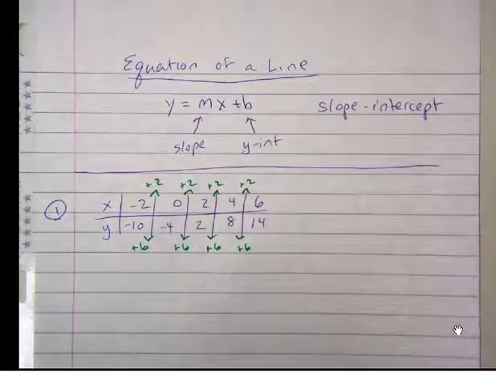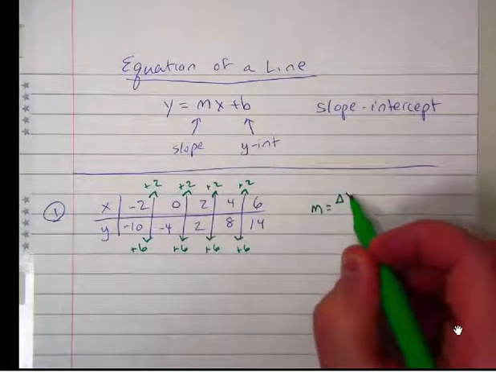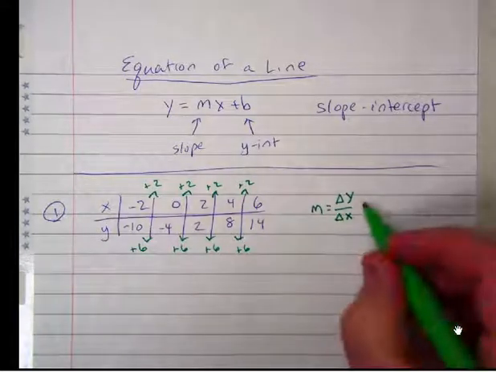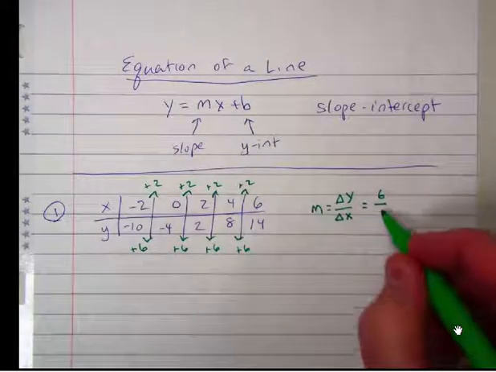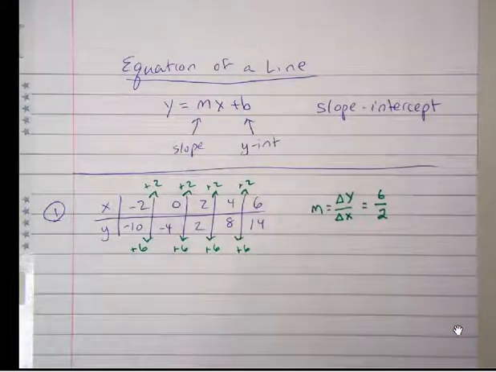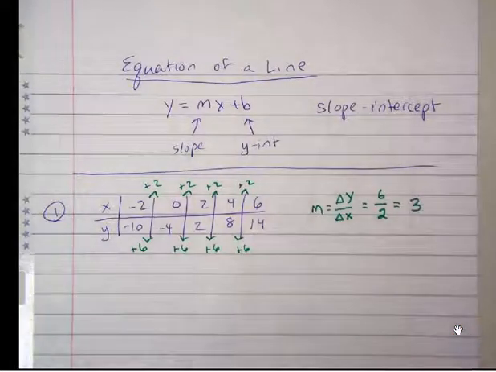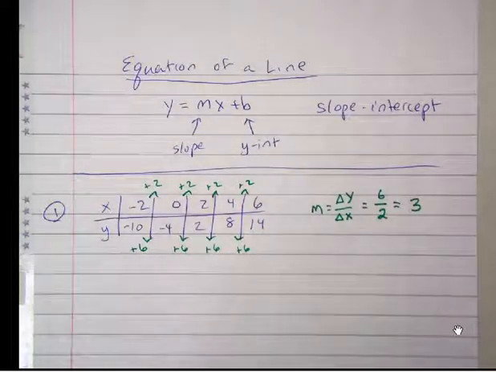So the question becomes, how do we use that? Well, we know that slope is change of y over change of x, which in this case, the y is changed by 6, the x is changed by 2. That fraction does divide nicely. 6 divided by 2 is equal to 3. So the slope of this shown in this table is 3.